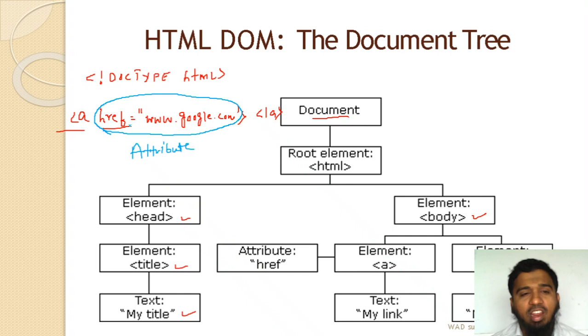If you are writing anything in the opening tag itself, okay, so this is the opening tag. From here to here is only one tag. Inside this opening tag, what you are writing is called an attribute, and this is a closing tag.